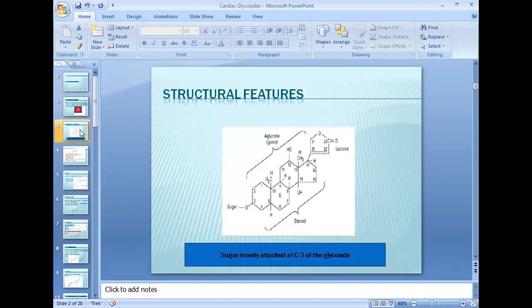Let's see some of their structural features, which are important to understand because they are related to its cardiac activity. It has an aglycone part, which is the steroid nucleus, and at carbon 17 a lactone ring is attached, and its glycone part is attached at carbon 3.